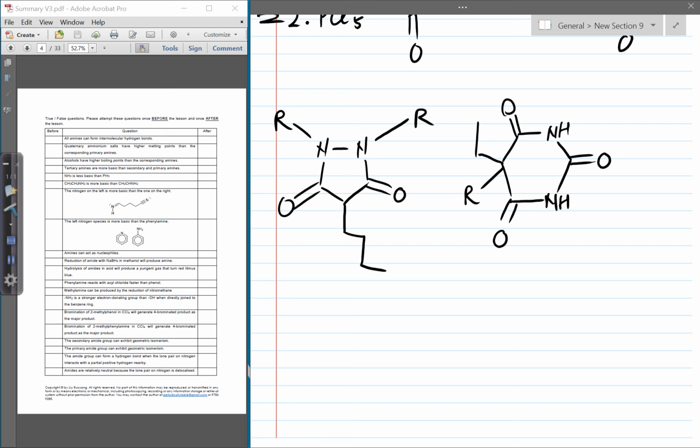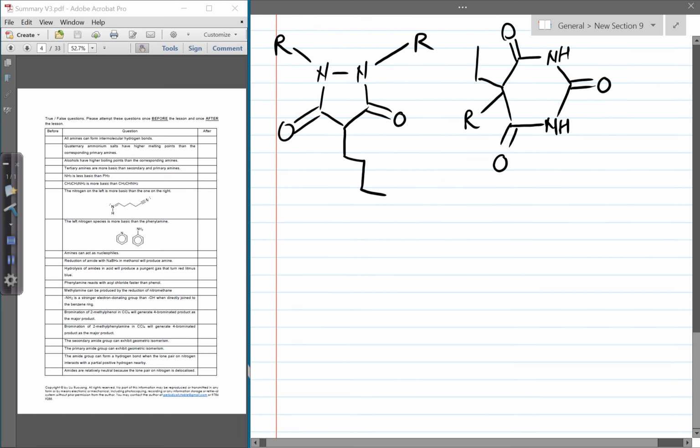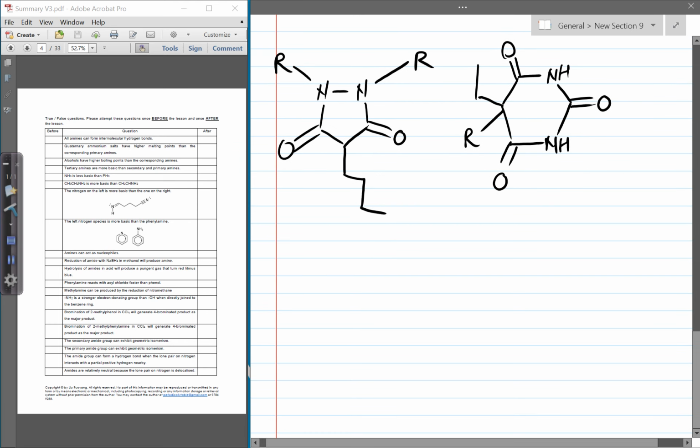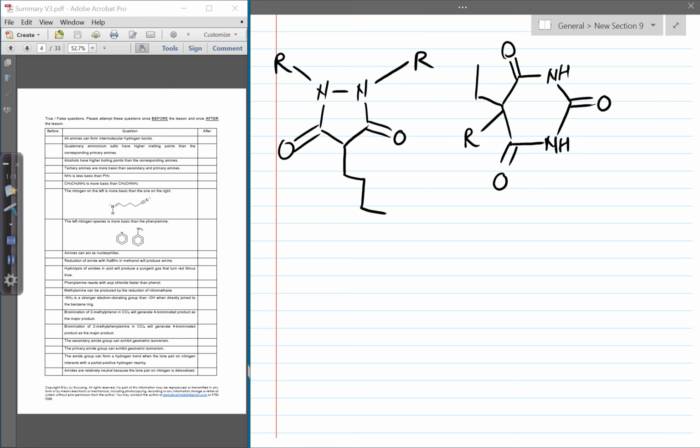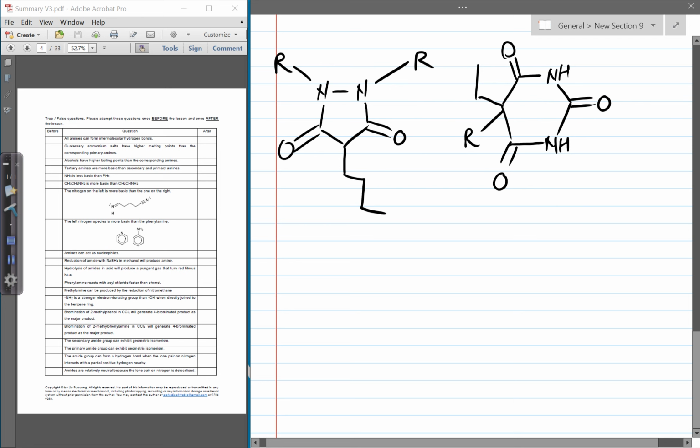For this, since they didn't specify whether it's acidic hydrolysis or alkaline hydrolysis, you can indicate either. Just make sure you draw your charges correctly. For the first one, I assume it's acidic hydrolysis. There are 2 amide bonds. What you will do is cut here. So now you will have 2 groups here.